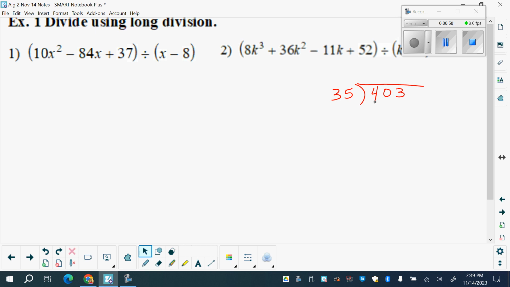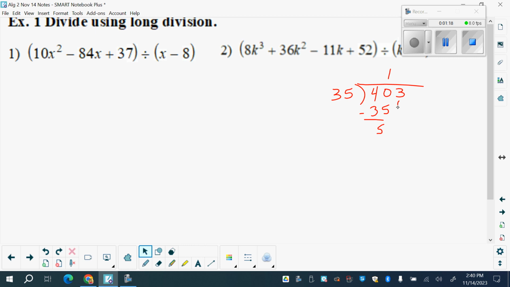That's right. So 35 would go into 40 how many times? Once. So we bring the 35 here, and then what do we do next? Subtract, and we get 5. Then what do we do next?